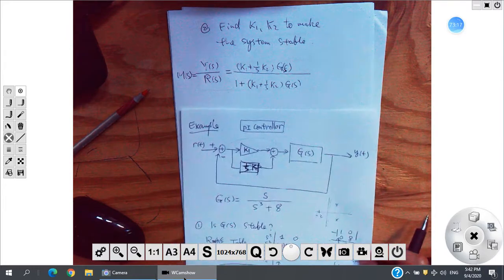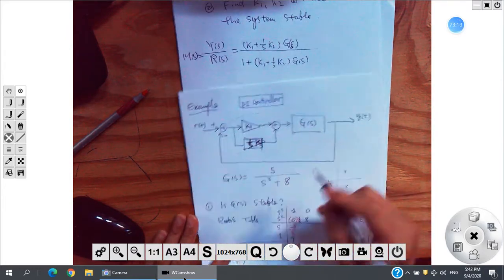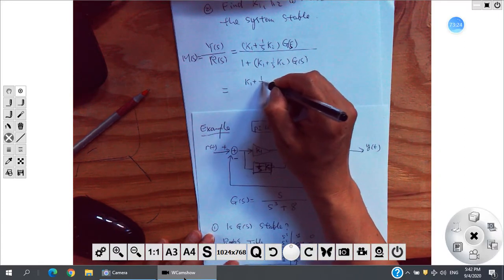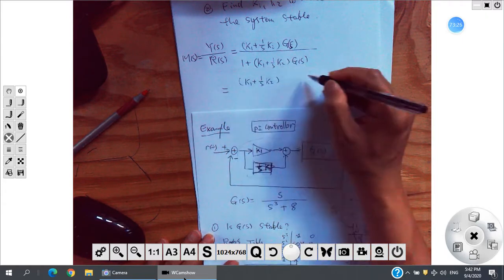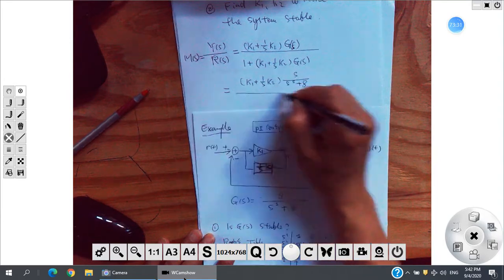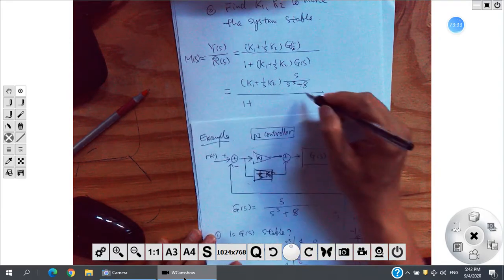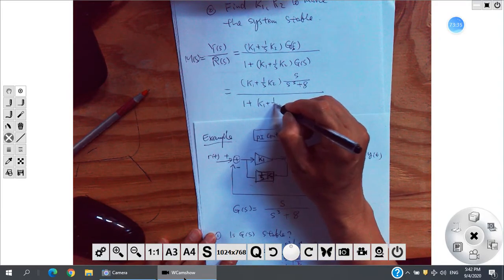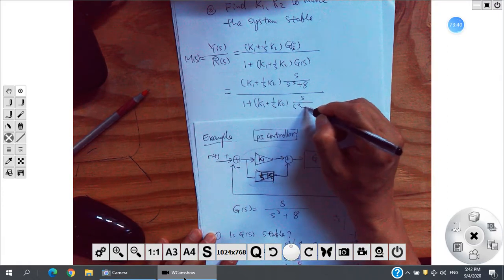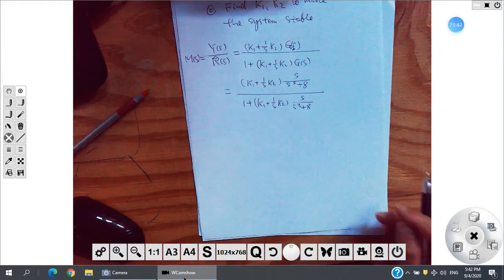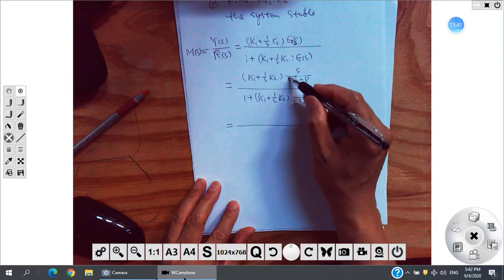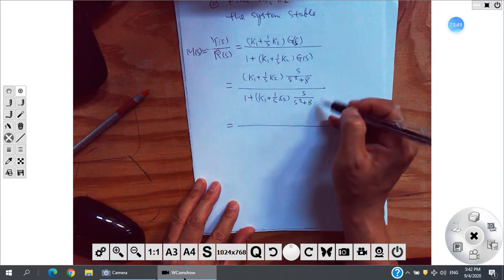Now I plug in what G is. G is S over S cubed plus 8. So this is K1 plus 1 over S K2 times S over S cubed plus 8, over 1 plus K1 plus 1 over S K2 times S over S cubed plus 8. Okay, and to simplify, I multiply S cubed plus 8 in both numerator and denominator.